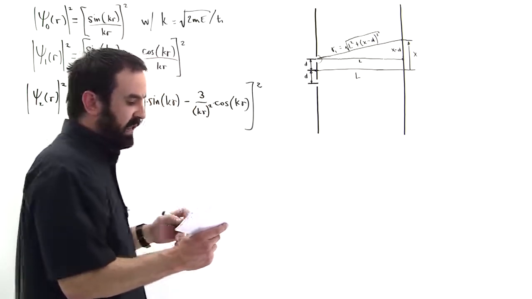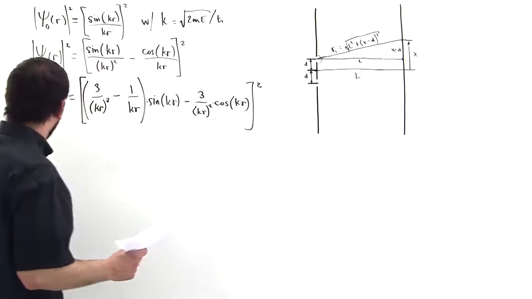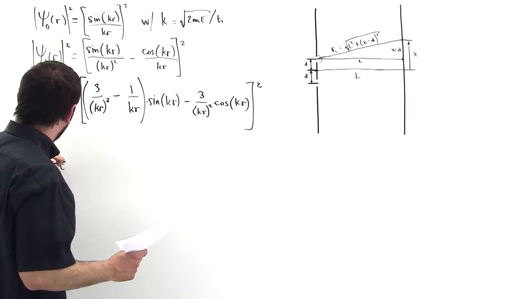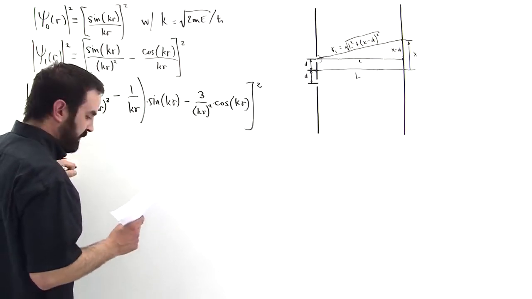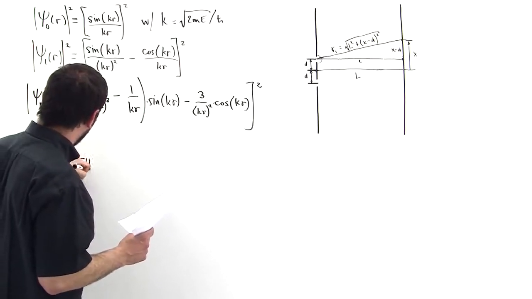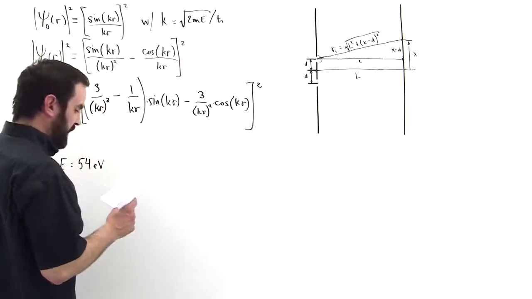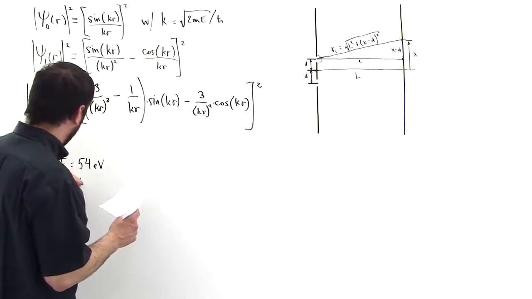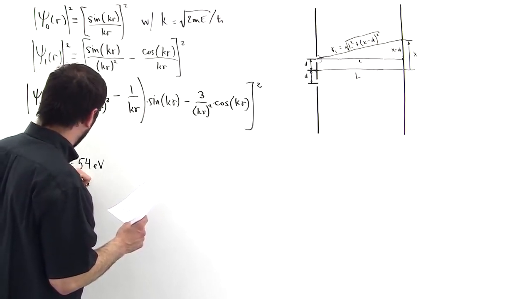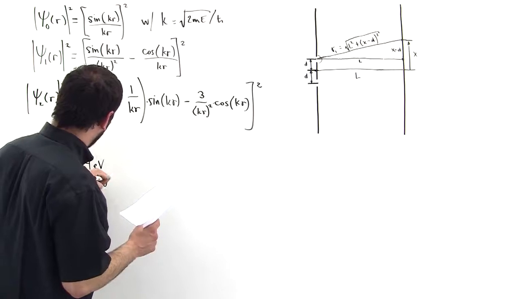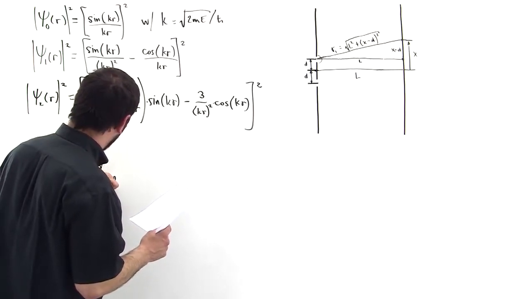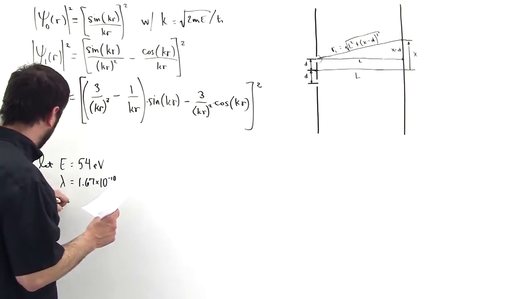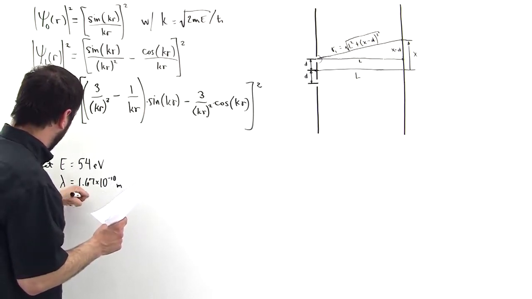So let the energy of each electron be equal to 54 eV, and then lambda is equal to 1.67 angstroms, so 1.67 times 10 to the minus 10 meters. And then D is just equal to lambda over 2.